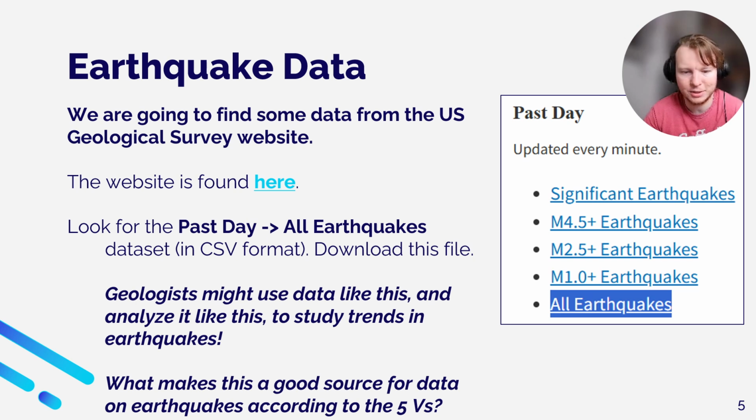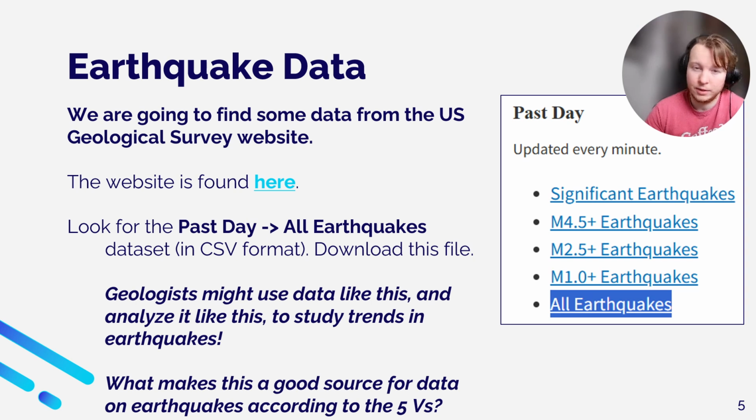We tried to emphasize two things here. First of all, geologists might use data like this to study trends in earthquakes. Again, we're trying to expand this idea of who is a data scientist to include geologists. Secondly, we want to emphasize that this is a really good source of data. It comes from the US Geological Survey, which obviously is a pretty expert agency in this area.